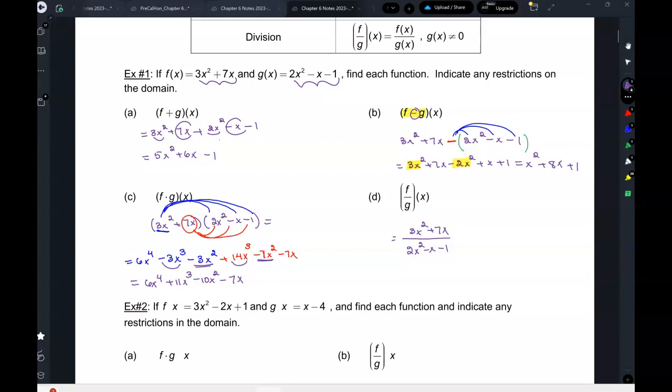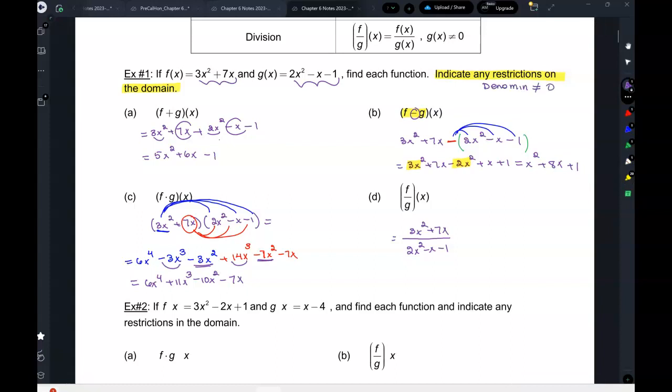Now, if there is the possibility of factoring things out and then canceling them, you have to factor out and cancel. But if you can't, you can't. However, there's one tiny little complication. The complication is this. It says indicate any restrictions on the domain. That's a lot of words for saying make sure the denominator is not 0.